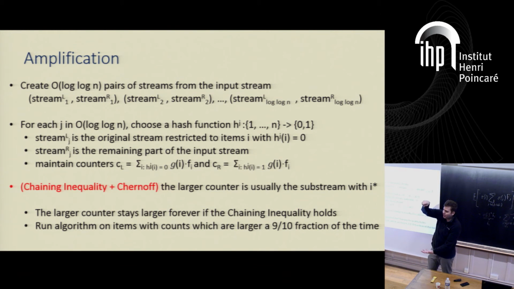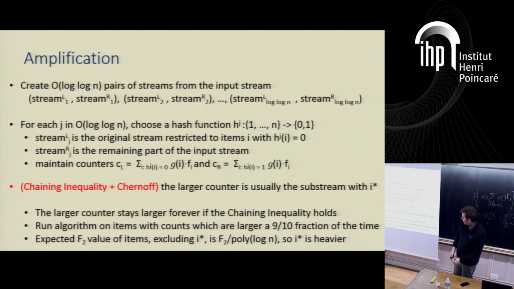And assume for simplicity, all the time, the larger counter is the one which has the heavy hitter. Then for every other item, the probability it agrees with the larger counter is going to be 1/2. And we have log n repetitions. So if we only run the algorithm on the items which agree at least a 9/10 fraction of the time, we're going to filter out all but 1 over polylog n of the items.